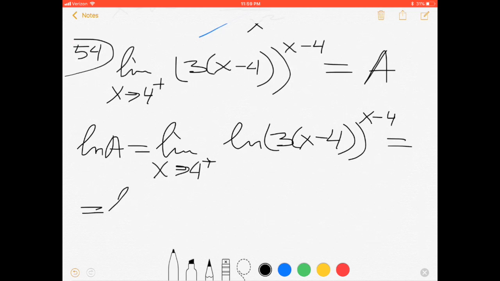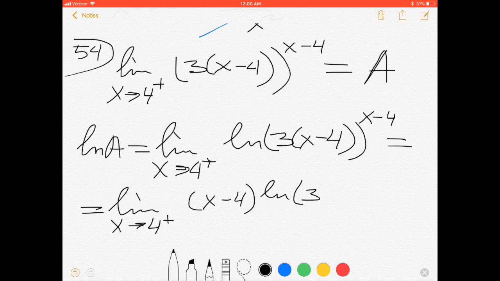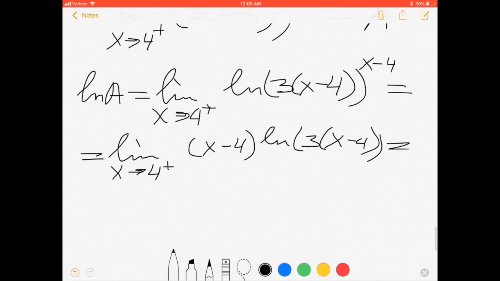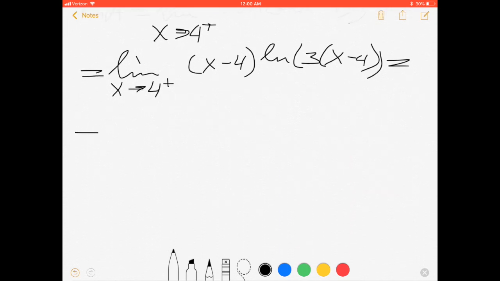Use the logarithm property. We write it this way. Use our method of how we rewrite it like a fraction. Continue.